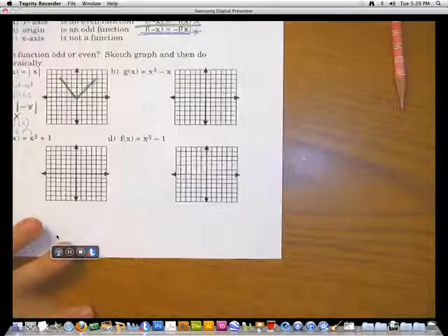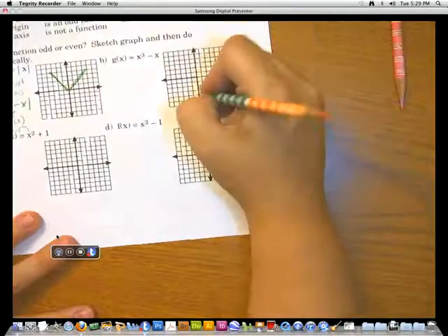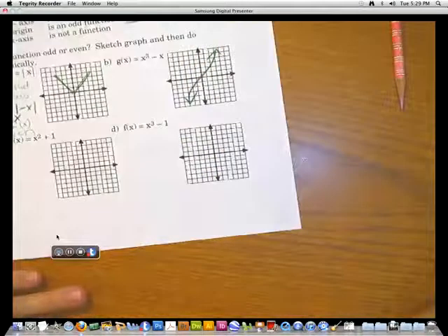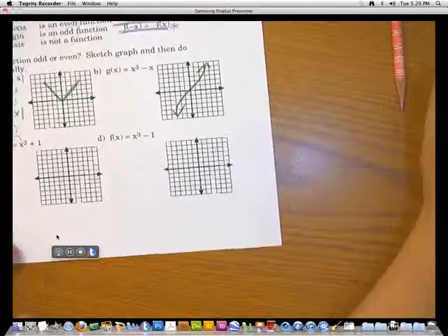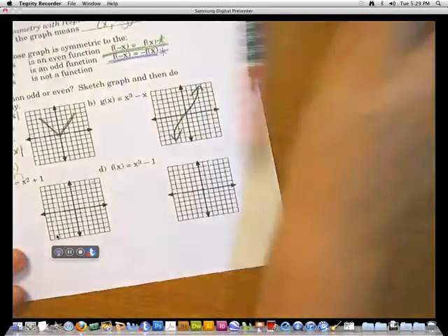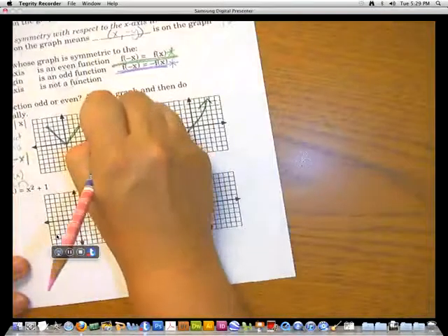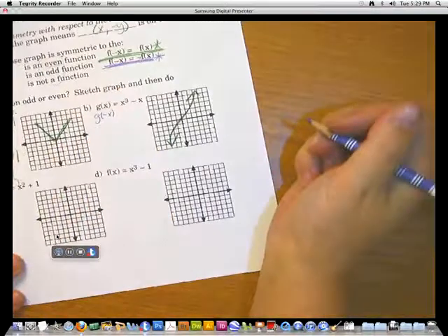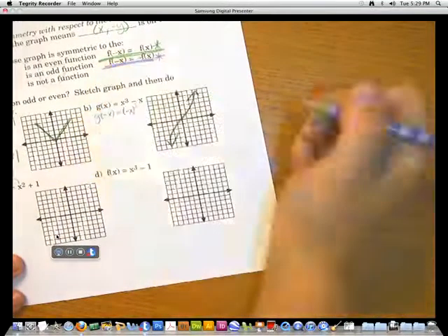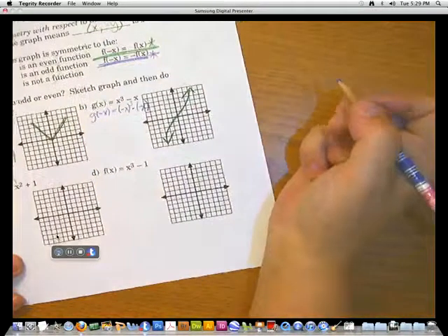All right, let's try it again. Let's come over here to b. Graph it. We're going to get something that looks like that. It's a cubic, some kind of S shape. So the first thing I have to do is prove it algebraically. That means I'm going to replace the x with negative x.